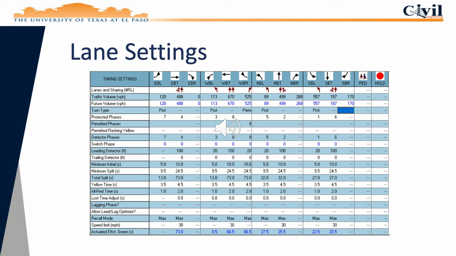Just to give a little bit of information, the prot and perm options that are shown in the turn type mean the following. Prot, or protected, means that it is required to wait for the light signal to make a turn, and perm, or permissible, means that it is allowed to make the turn at any time.